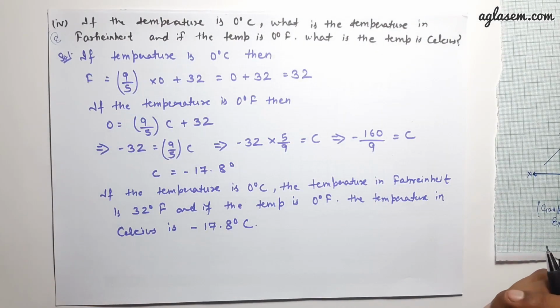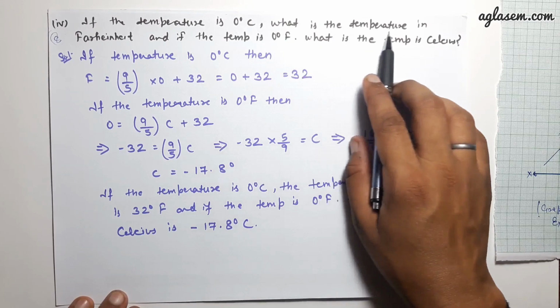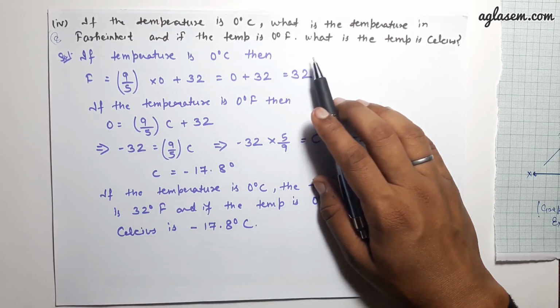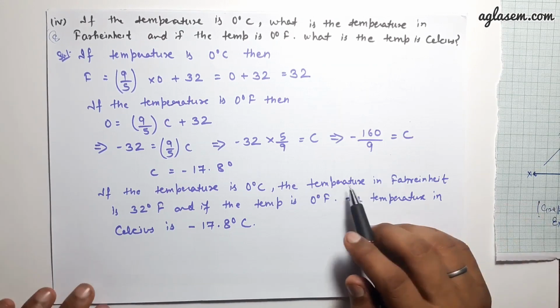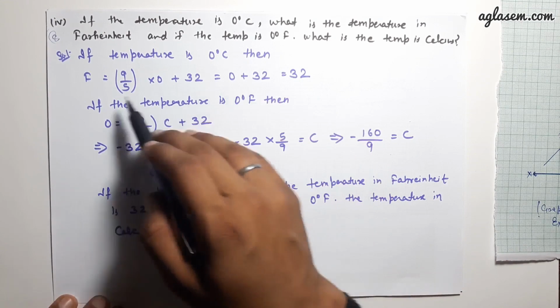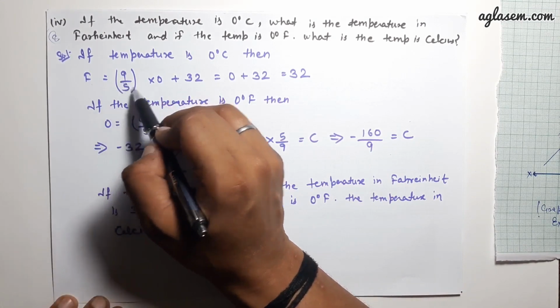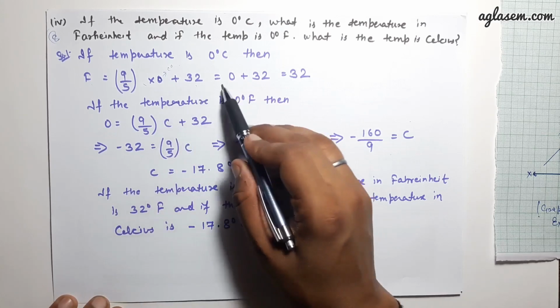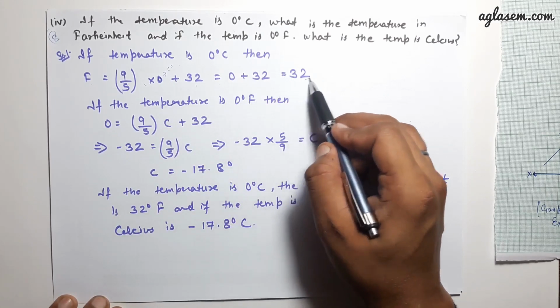So the fourth part is, if the temperature is 0 degrees Celsius, what is the temperature in Fahrenheit? And if the temperature is 0 degrees Fahrenheit, what is the temperature in Celsius? If the temperature is 0 degrees Celsius, then Fahrenheit is equal to 9 upon 5 into 0 plus 32, which is 0 plus 32, equal to 32.